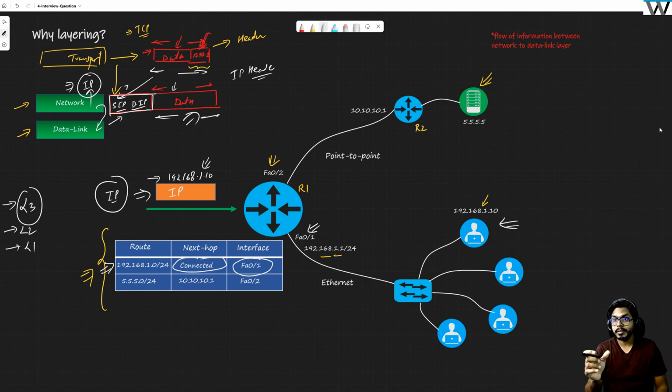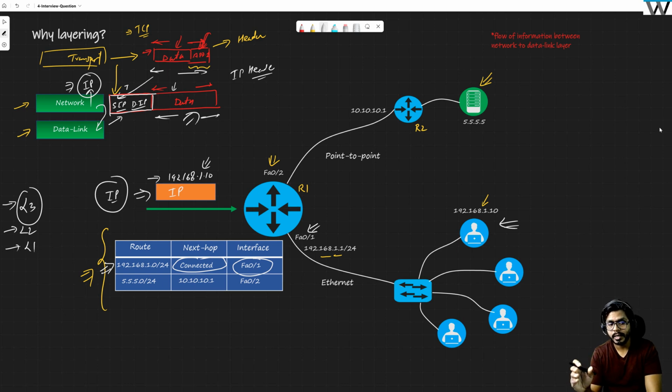A switch is generally a layer 2 device. Nowadays, most of the devices are layer 3 aware. But if I say a switch is a layer 2 device, what does that mean? It means that it does not understand the IP packet or IP header at all. It can only understand the values inserted by the data link layer, like the MAC address.